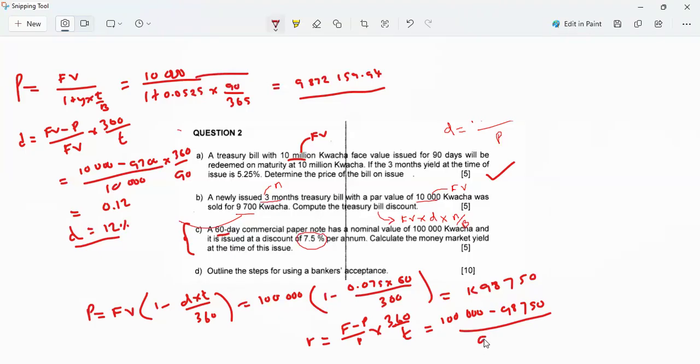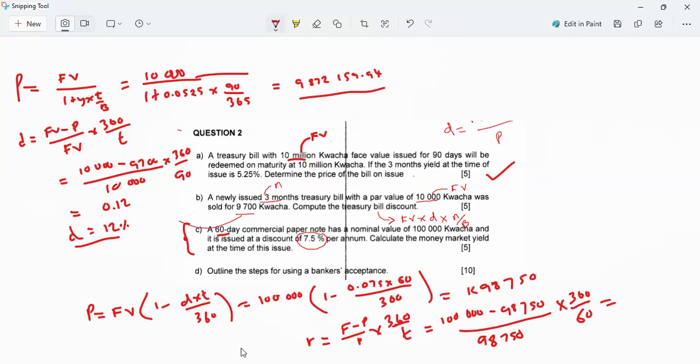Following. 98,750 times 360 over our time. This is a 60-day commercial paper.